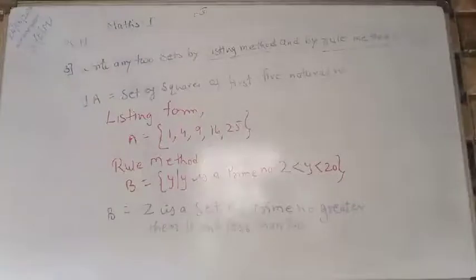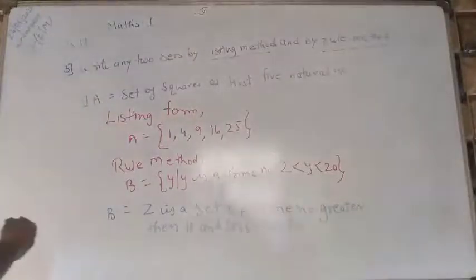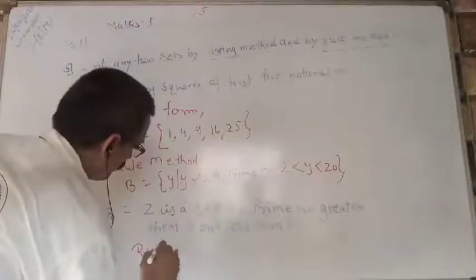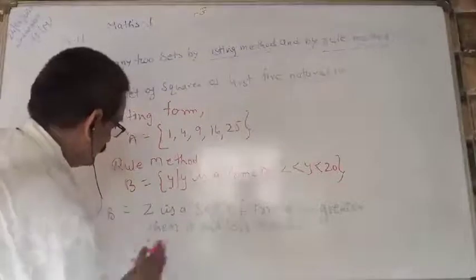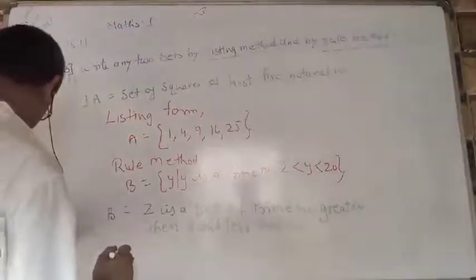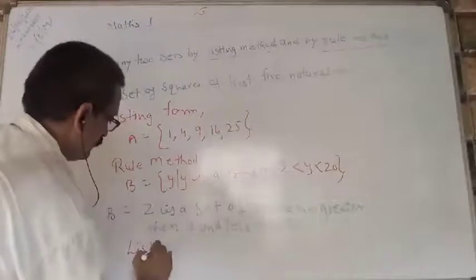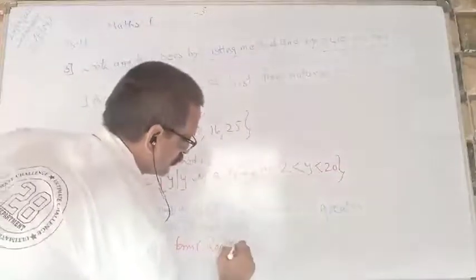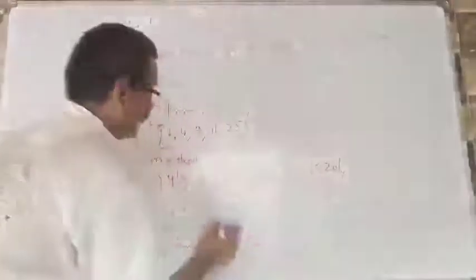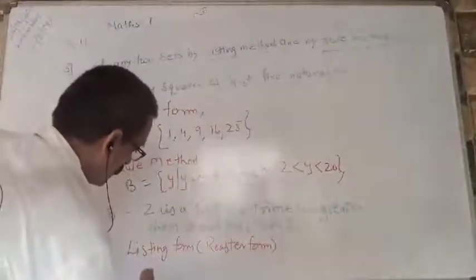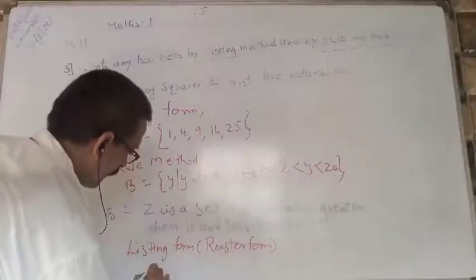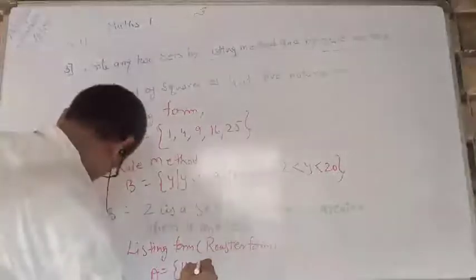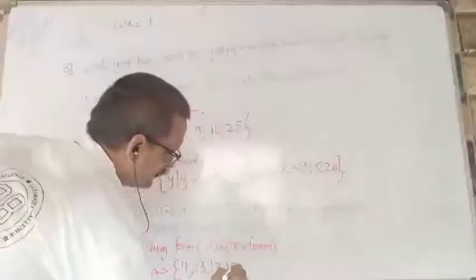We write it in roster form. In the listing form, we can say roster form also, the numbers are 11, 13, 17, 19.